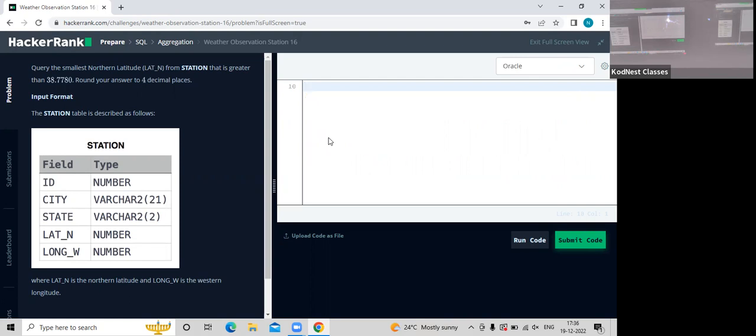Query the smallest northern latitude from station that is greater than 38.7780. Round your answer to 4 decimal places. I want you to tell me the complete query for this. I will just type. Weather observation station 16. Quickly tell me what I should type.